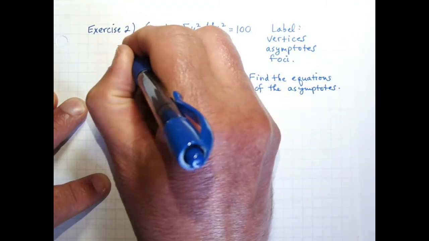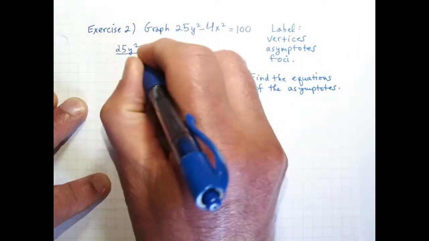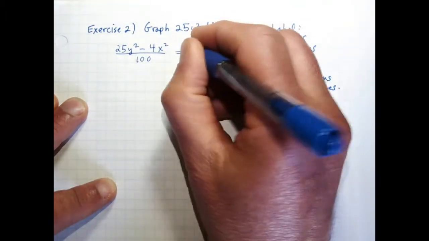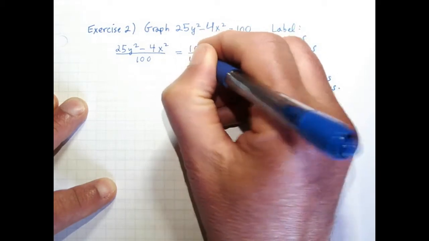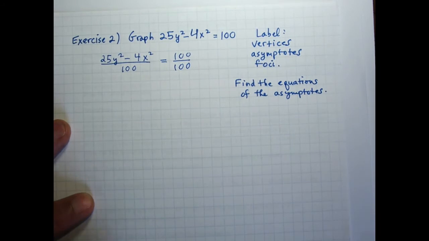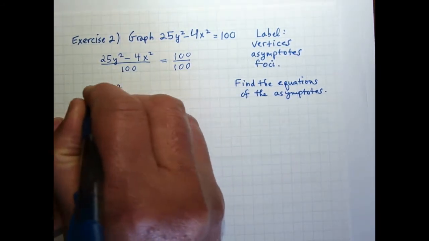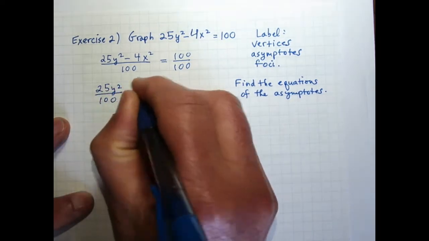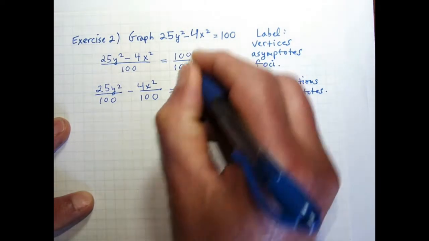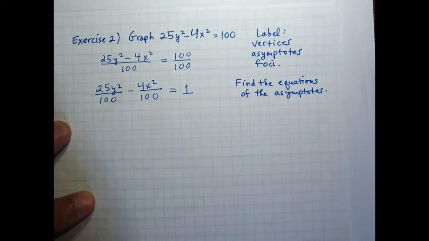Take 25y squared minus 4x squared, divide by 100. That's going to equal 100 divided by 100 on the right. And the left-hand side I can take apart as 2 separate fractions. Equals 100 over 100. It's going to be equal to 1 when I reduce.